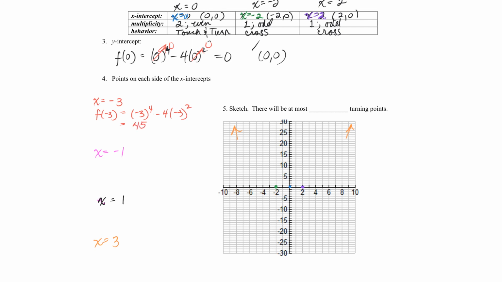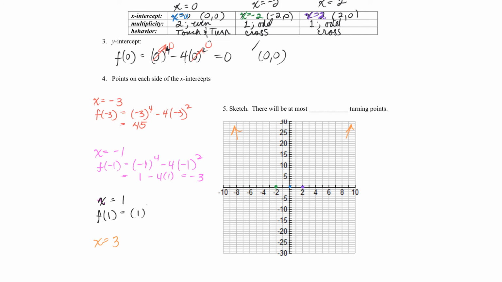Now I'm going to do x equals negative 1. So f of negative 1 is negative 1 to the 4th minus 4 times negative 1 squared. I don't need a calculator for that one. That's 1 minus 4 times 1. That's negative 3. I won't need a calculator for f of 1.